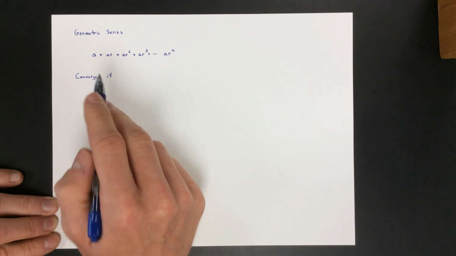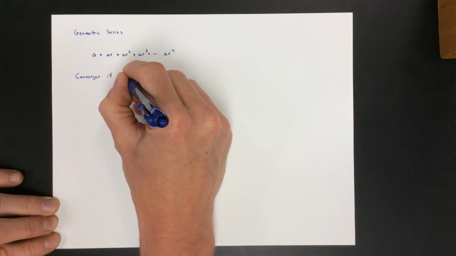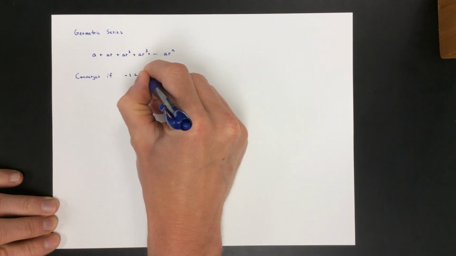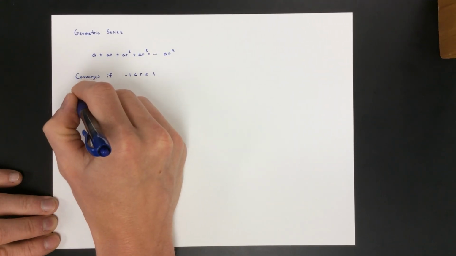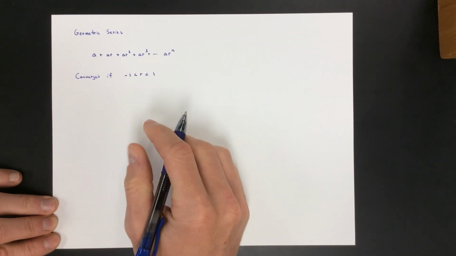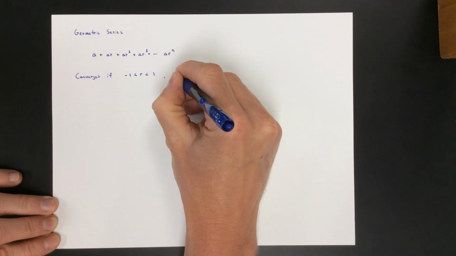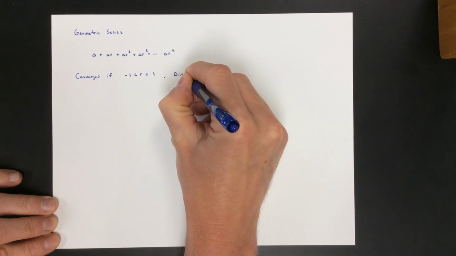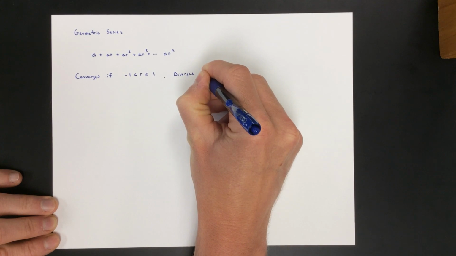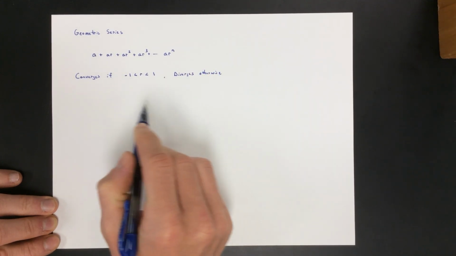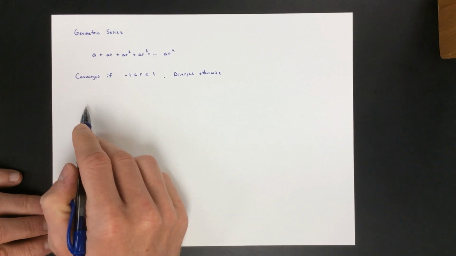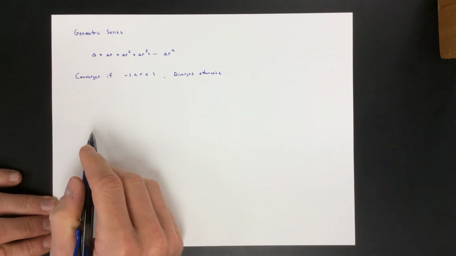So it's going to converge only if R is strictly between -1 and 1, and it diverges otherwise. If R is bigger than 1, equal to 1, equal to -1, or even -2, it diverges.